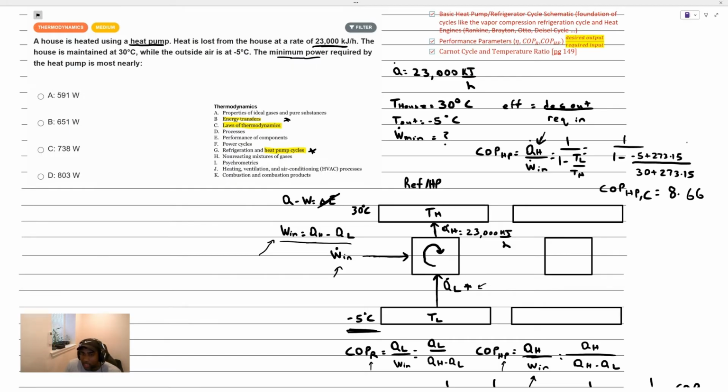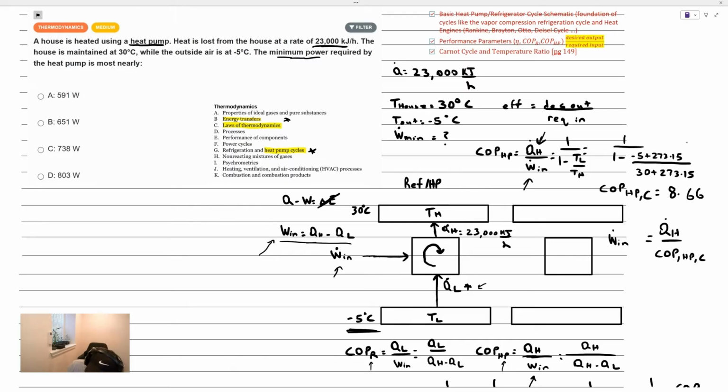Now, we found the coefficient of performance for a Carnot cycle, and we know what the heat transfer to the high temperature source, the rejected heat, is. So we can use that to find the minimum work input. All we do is we rearrange that equation, taking the ratio of Q dot H divided by COP for a heat pump in the Carnot case, and we can find that minimum work input.